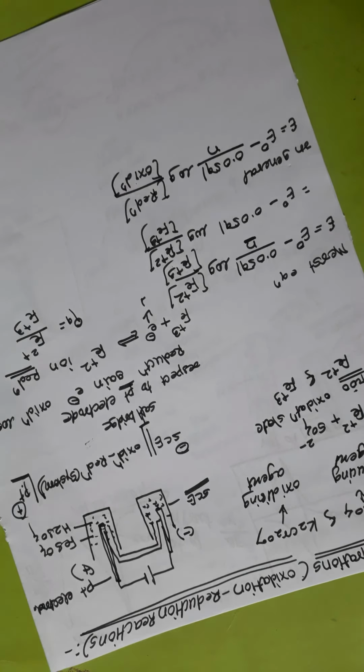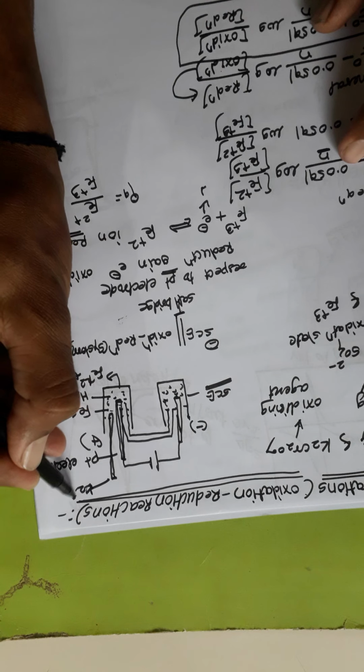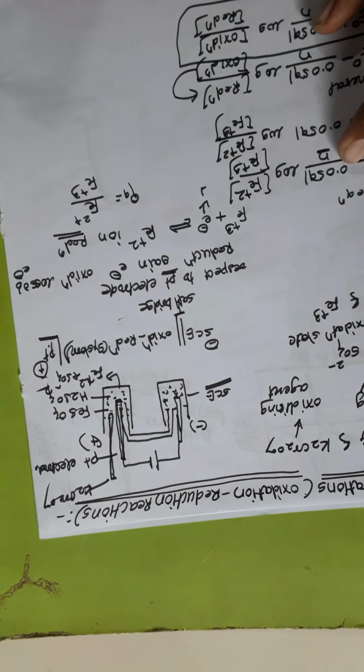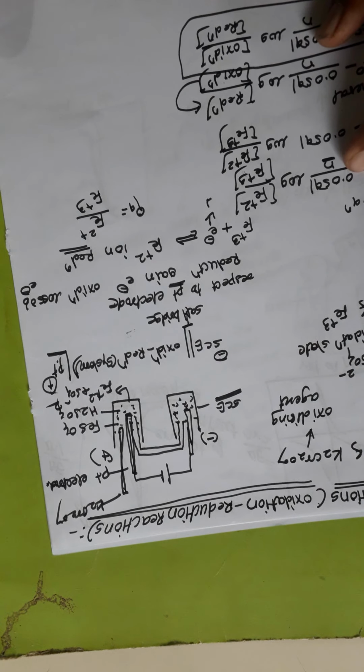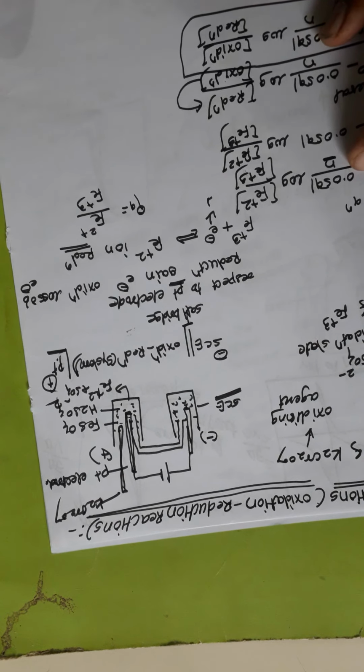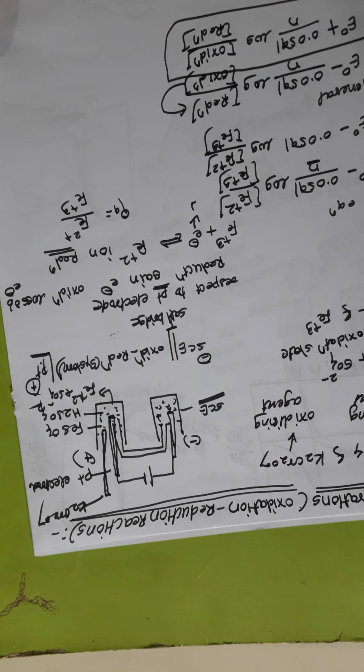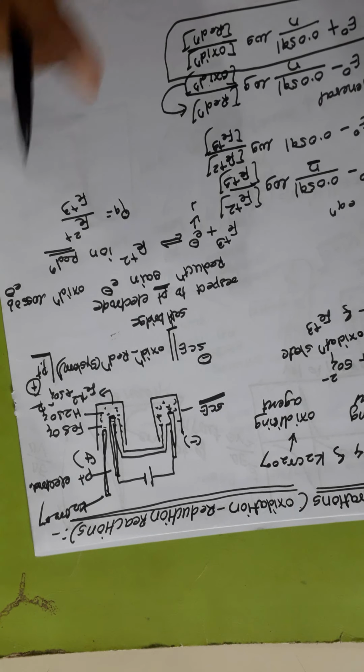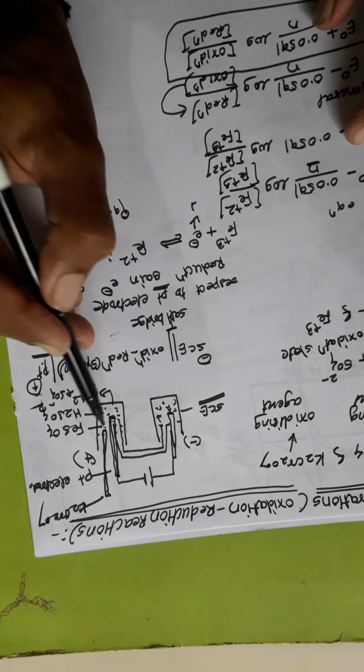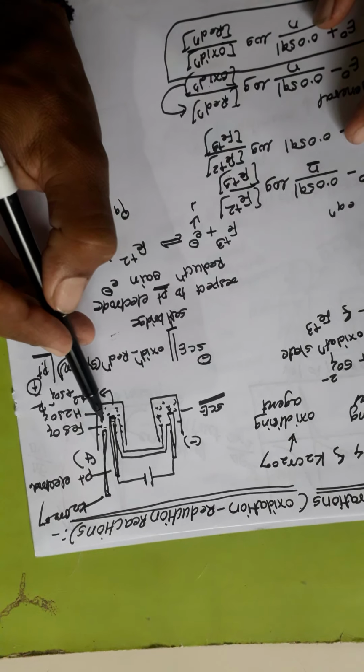Whenever we add the oxidizing agent K2Cr2O7 to the beaker in this titration, this is the oxidizing agent.